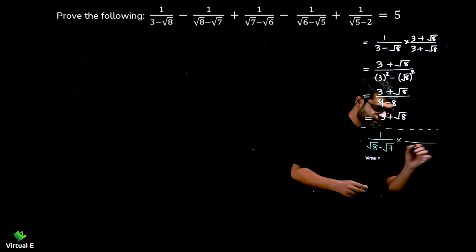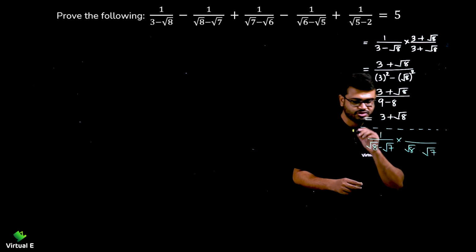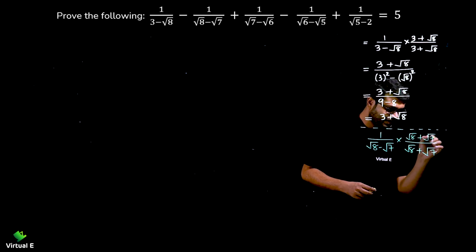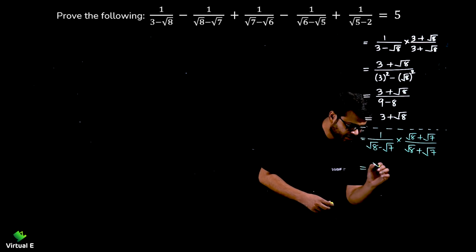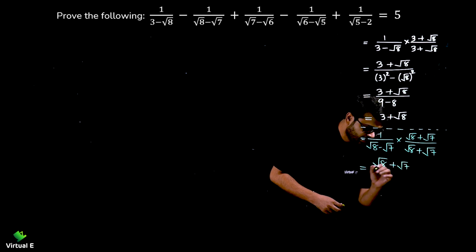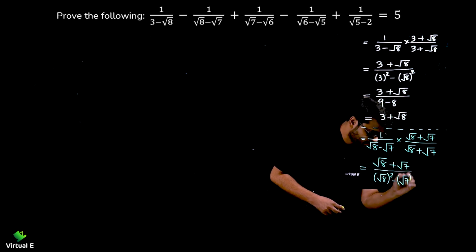Now let's multiply here root 8 as it is, root 7 as it is, but what will be changed? Minus to plus, and here root 8 plus root 7. Now see for the numerator, there is only 1, so numerator will be as it is, root 8 plus root 7, and denominator square of root 8 minus square of root 7.